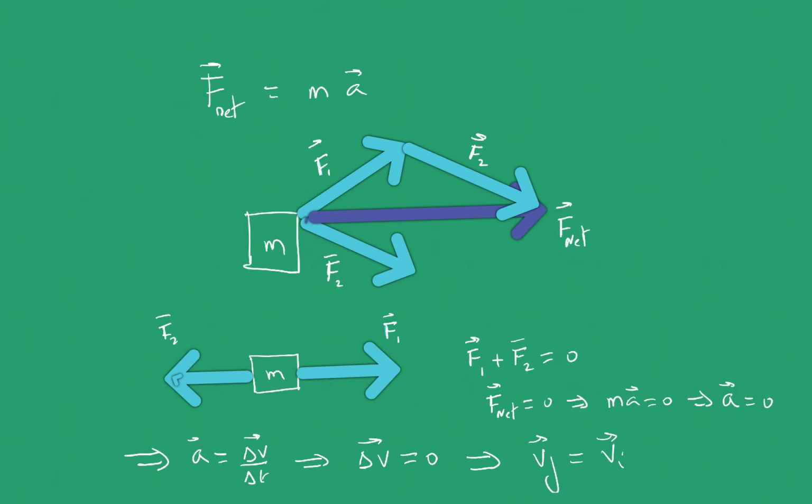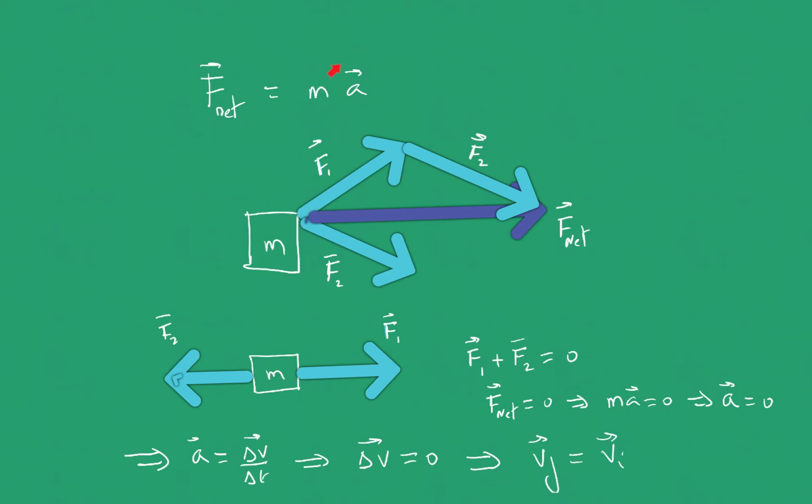F1 or F2? Well, you have to take into account the sum. So I have to sum F1 with F2. How do we sum F1 with F2? I place the force F2 at the head of F1, and now F1 plus F2 is the net force. And this is the net force that produces acceleration.